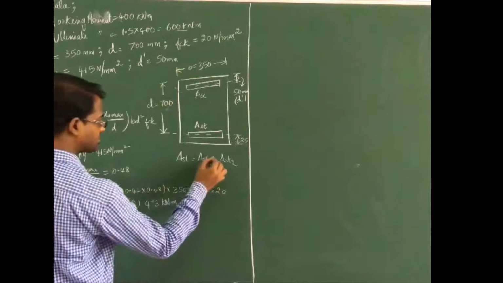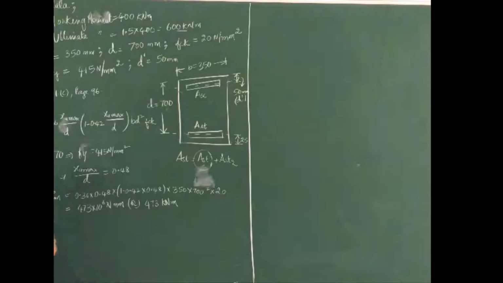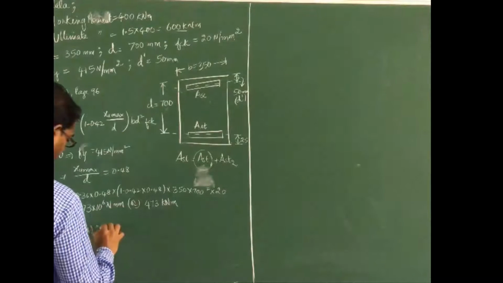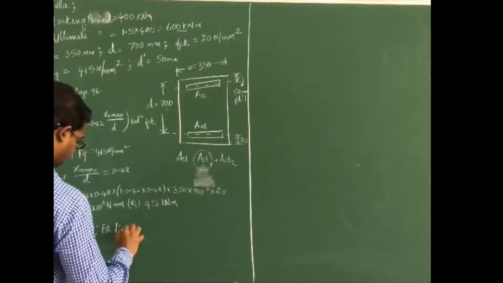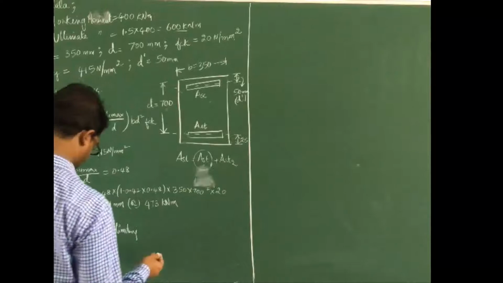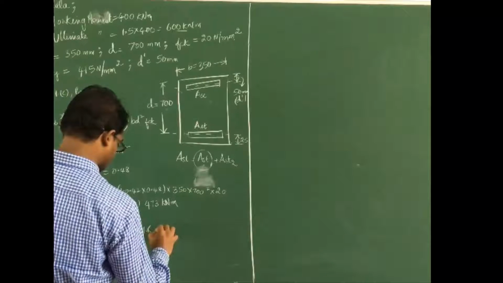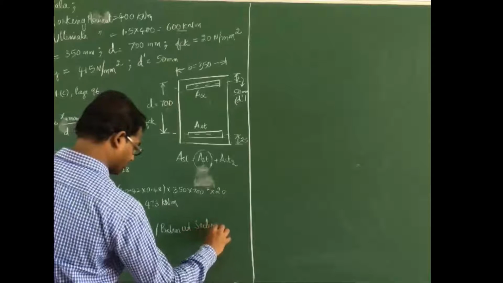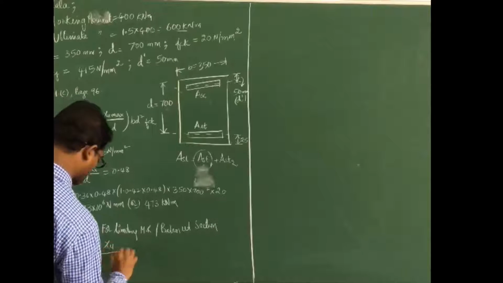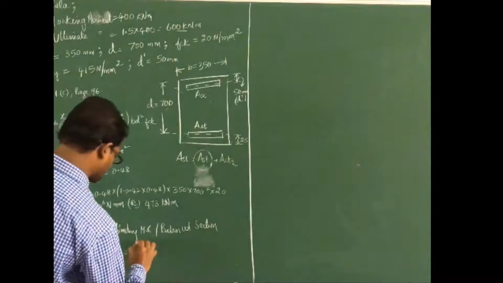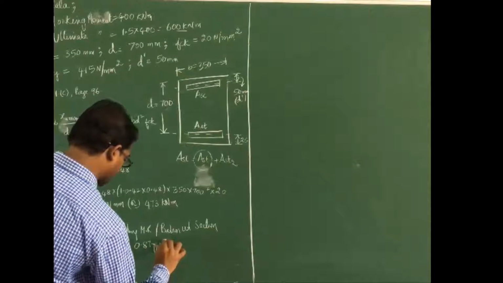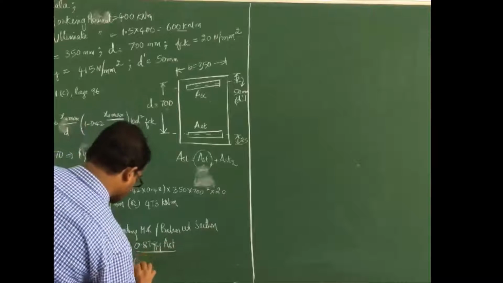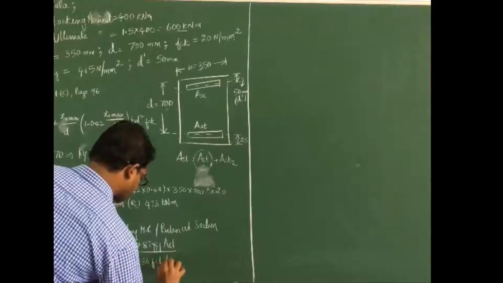So in order to calculate AST1, assuming the limiting moment of resistance, we use clause G 1.1a for limiting moment of resistance, or we can also say for a balanced section, we have the equation XU by D equals 0.87 Fy AST divided by 0.36 FCK BD.